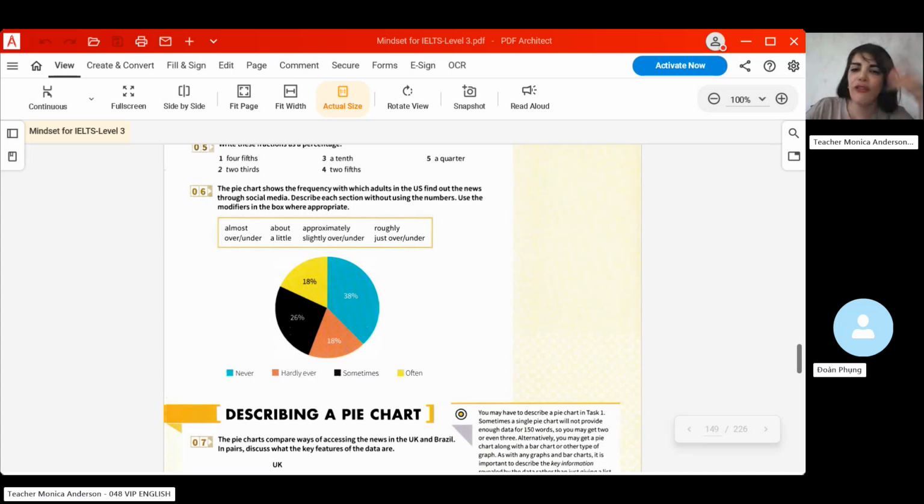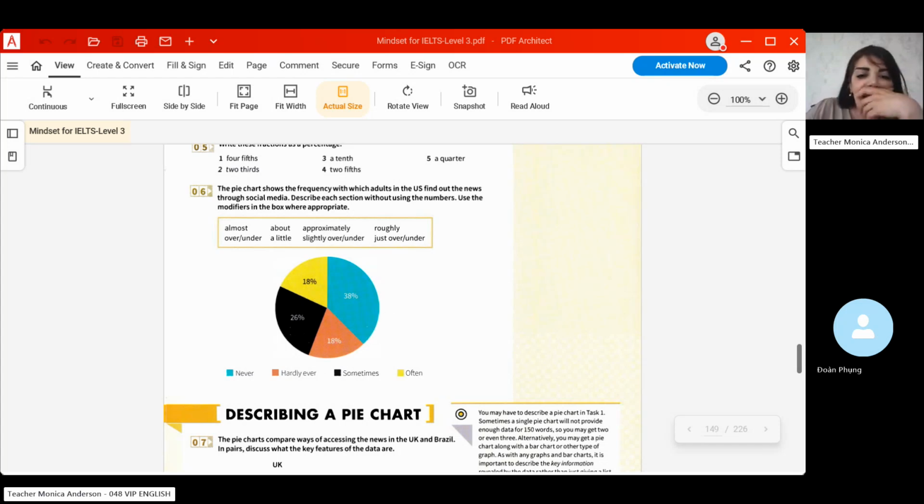So now this is 38%, so it can be like almost, just 2% off. So almost 2/5, for example, of adults in the US never read news on social media. This is about the first one.